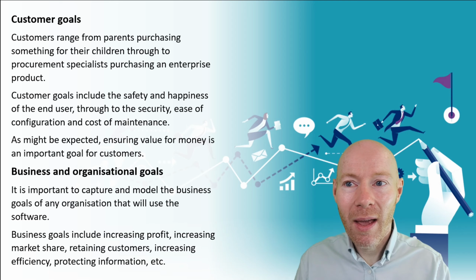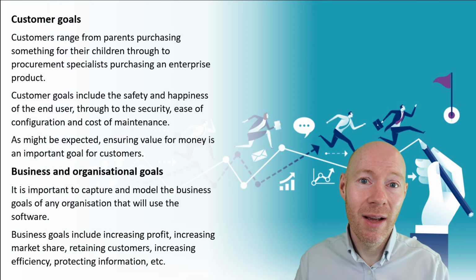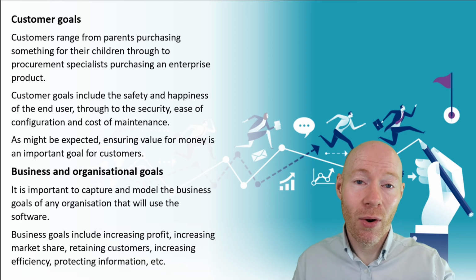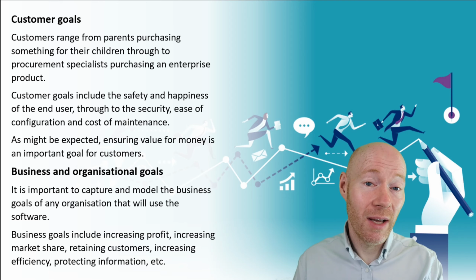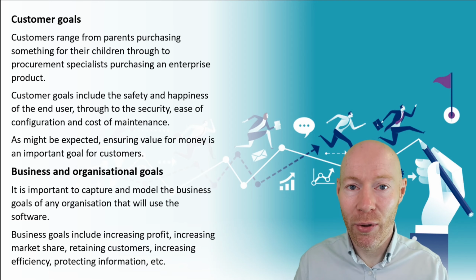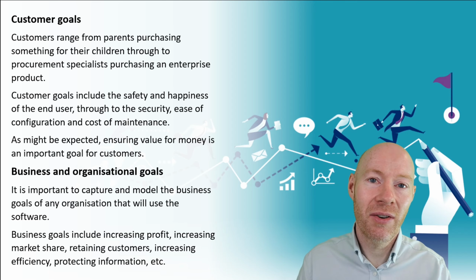Value for money. As you might expect, that's important for customers because they're the ones paying for it. So their perceived set of features or the benefits from the software relative to the cost, and again in comparison to other products, that overall value for money element is an important consideration for our customers.